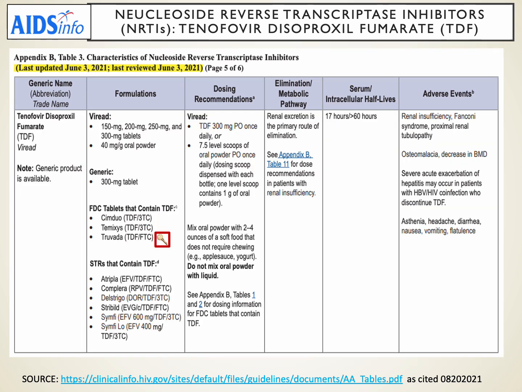The other formulation of tenofovir also listed here is probably the one you'll see most often, Truvada in combination, a very commonly used agent as a first-line agent and also used in PrEP and sometimes post-exposure prophylaxis as well.